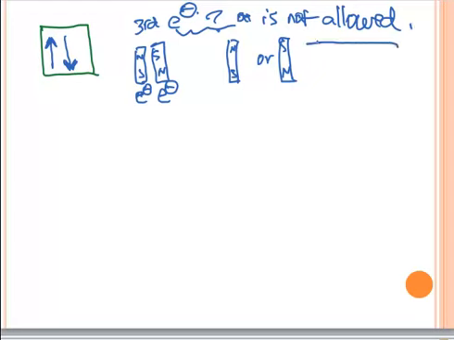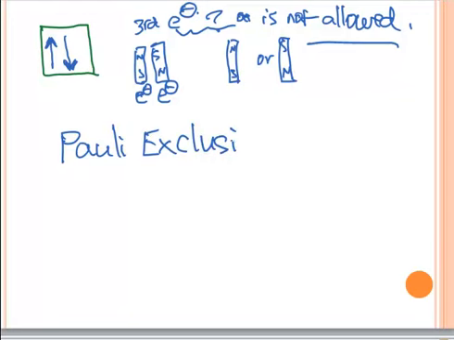So in a very pictorial, simplistic way, this is called the Pauli Exclusion Principle.